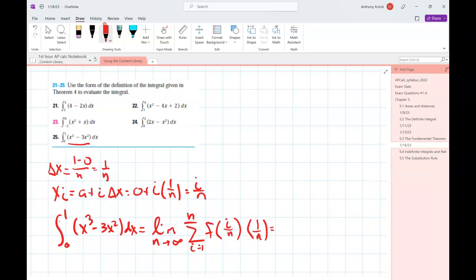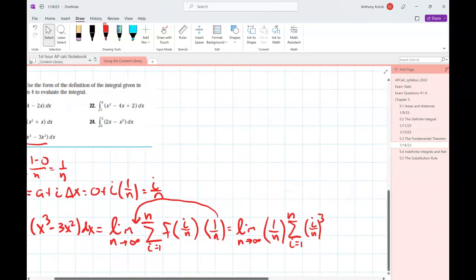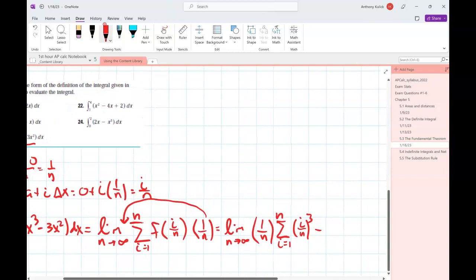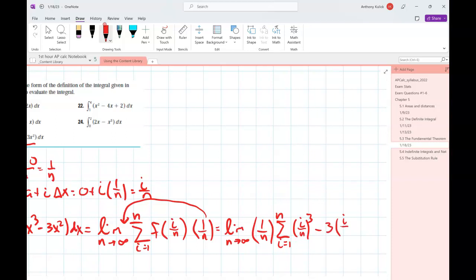In the interim, I'm going to move this outside of the sum, since the sum is depending on i's, and there's no i in that term. So I can move that to there. And then I have f of i over n is i over n cubed minus 3 times i over n squared. That probably should be in parentheses there.